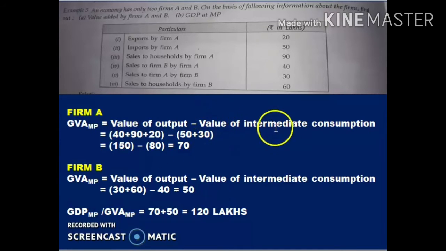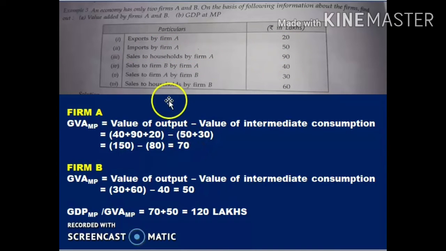Here, value of intermediate consumption means purchase of something. So you have to read the question and find if firm A purchased something. At first you can see imports by firm A, so 50 will come here.